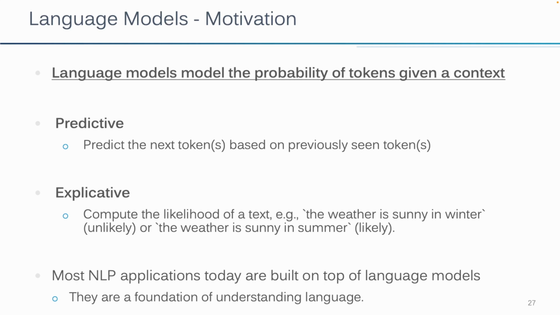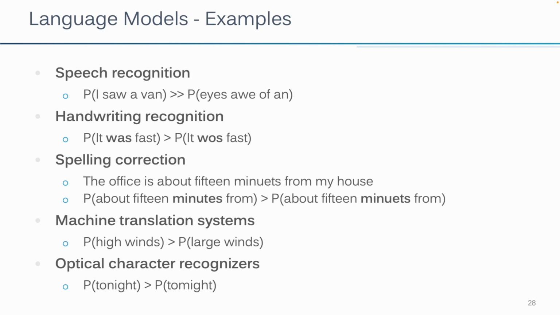And as I said, most NLP applications build on top of these models, because once you understand how different words occur in context, you can also understand different applications. For example, in speech recognition, you would say that the probability of I saw a van, which is the actual thing that you want to say, is much higher than I saw of an, which sounds similar, right? I saw a van, I saw of an.